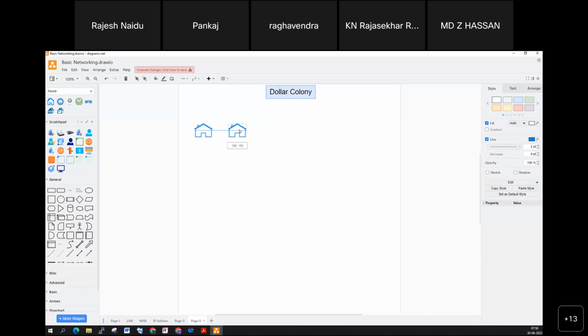It has multiple houses available in this colony.